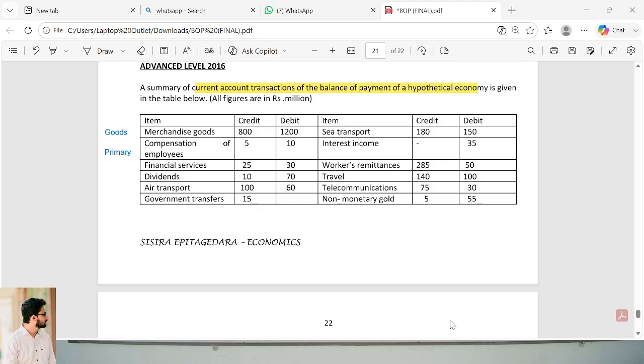Financial services are trade in services, one of the services. So it goes to the service account.